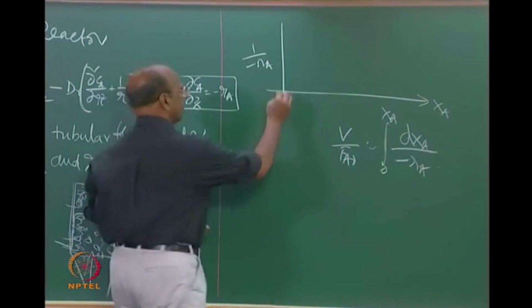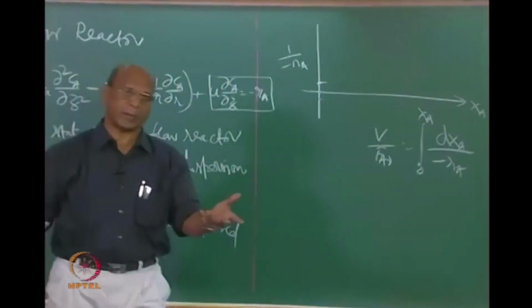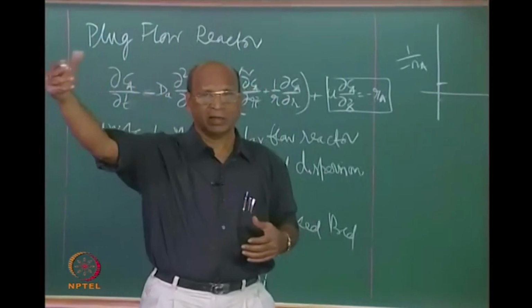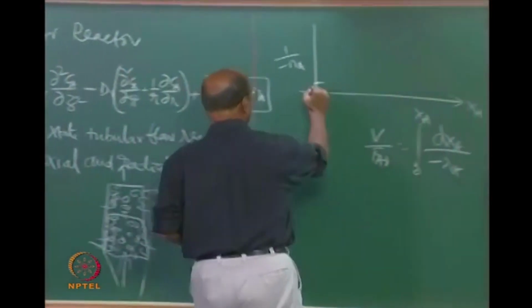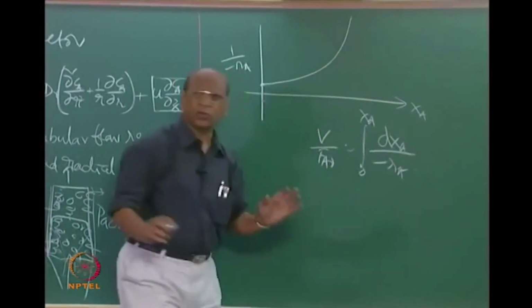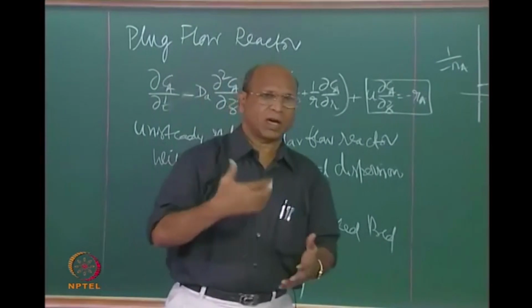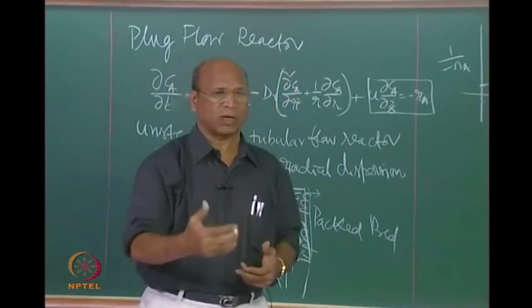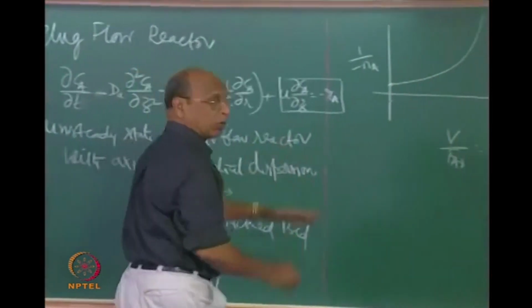So it starts somewhere here, and finally when the rate is 0, that should happen at almost 99% conversion, so it goes to 0. In between it may go like this, but this is not the universal shape. For actual first order, half order and zero order, you will get slightly different curves, so I am drawing only a general curve.